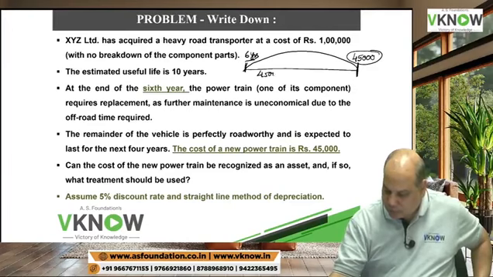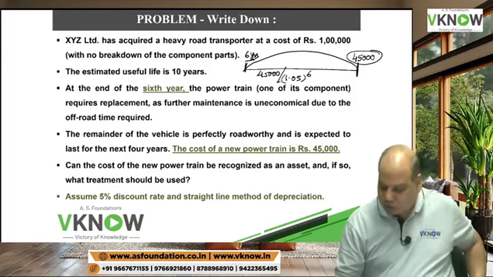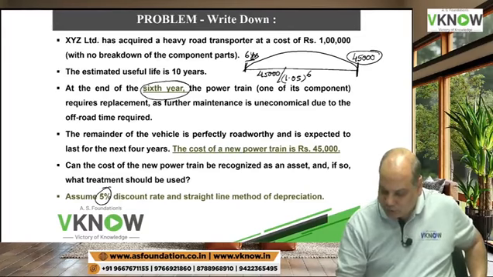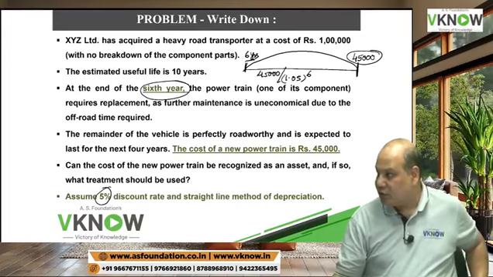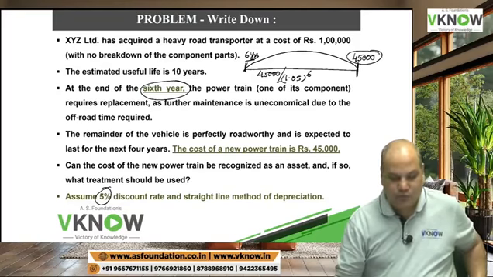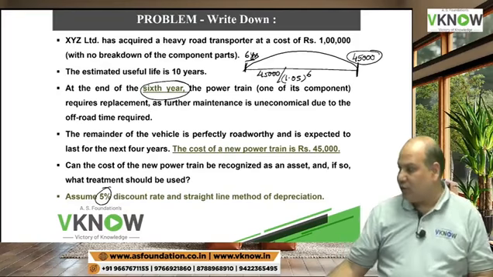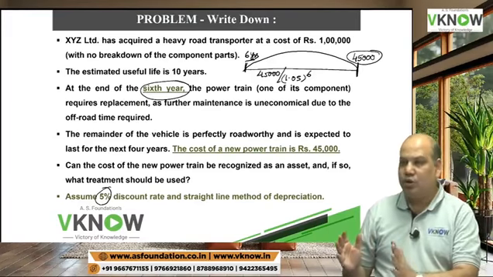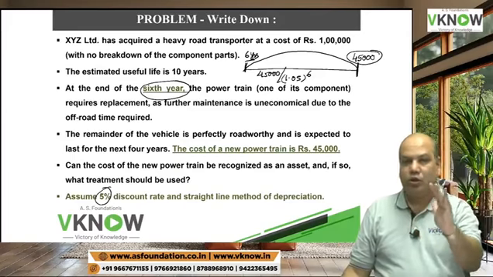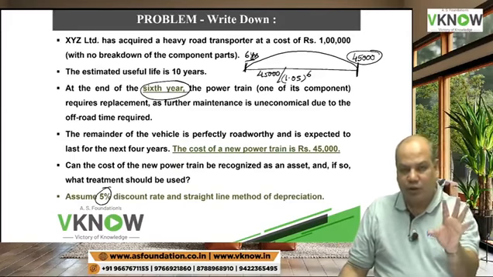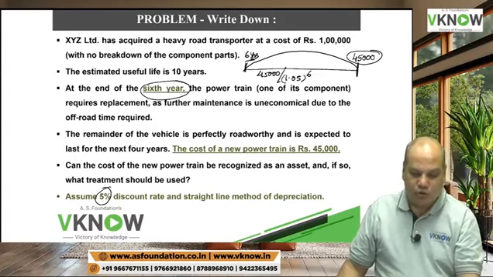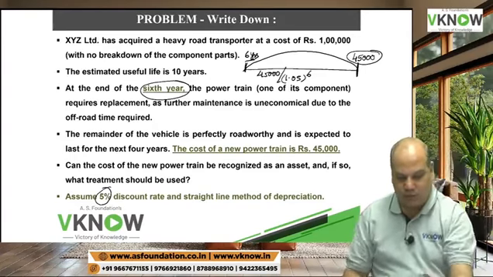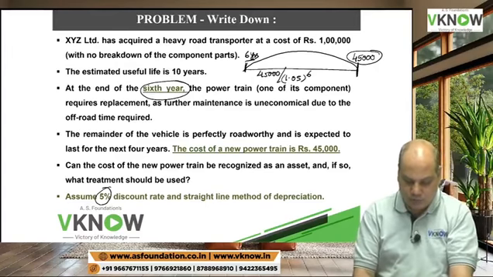For that I will have to take 45,000 divided by 1.05 to the power 6, because the discount rate is 5% and the time is 6 years. So can any of you, the genius students of AS Foundation, reply what you think would have been the cost of this replaced part, the power train, 6 years ago? Take your calculator and try.